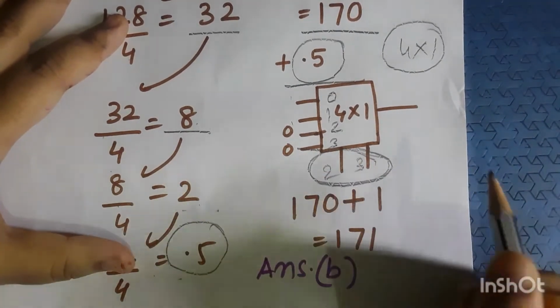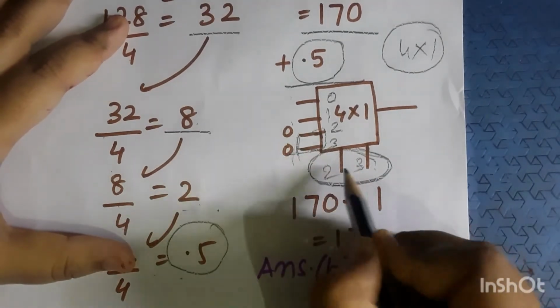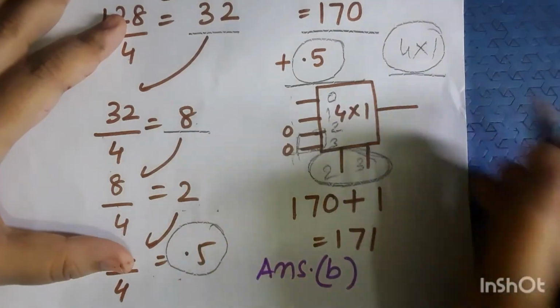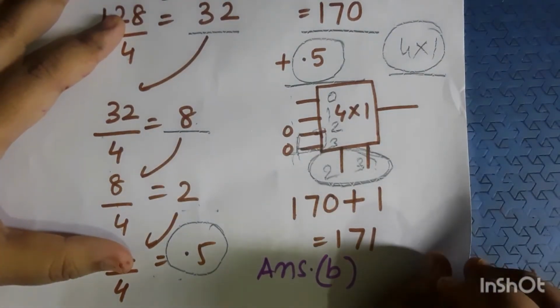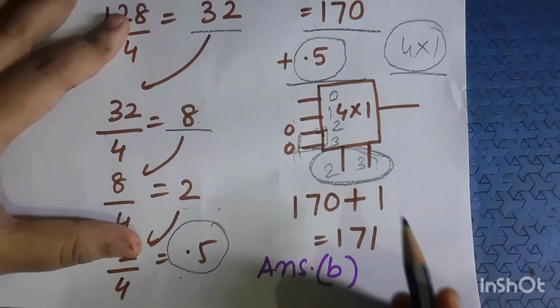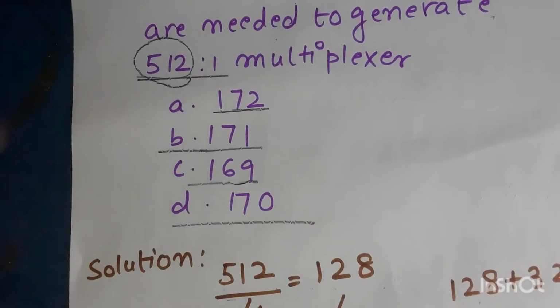So we should not provide the 2, 3. Meaning for 2 and 3, select line values we should not provide. So this way we can make a 512:1 multiplexer with 4:1 multiplexers. 170 plus 1, 171. The option is B.